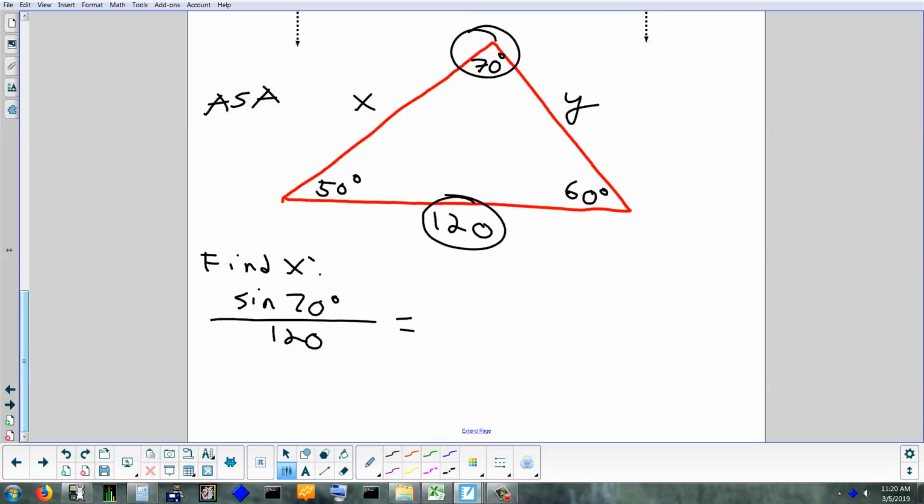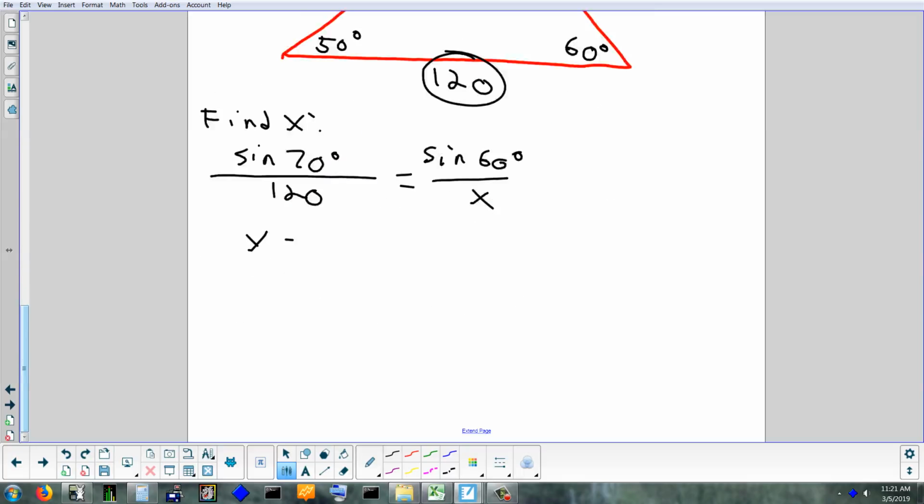And if I'm going to find x, what would be my fraction on the other side? Yeah, Madison, sine of 60 over x. And now just solve for x.